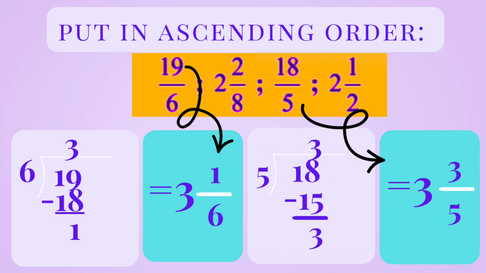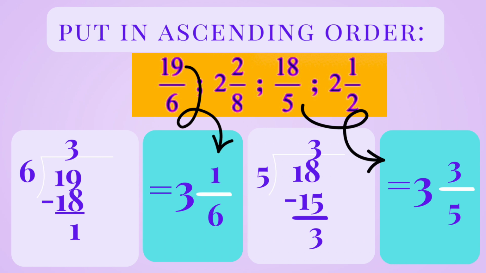6. Next, we're going to convert 18 over 5 into a mixed number. For this one, we divide 18 by 5. Think of how many whole groups of 5 we can make from 18. We can make 3 whole groups, since 3 times 5 equals 15, and we'll have 3 left over.